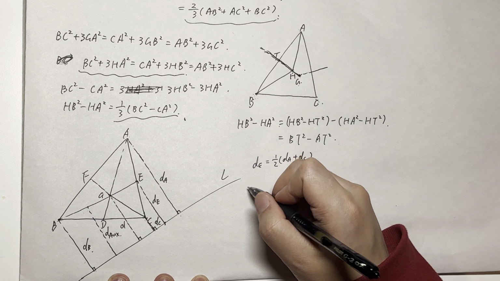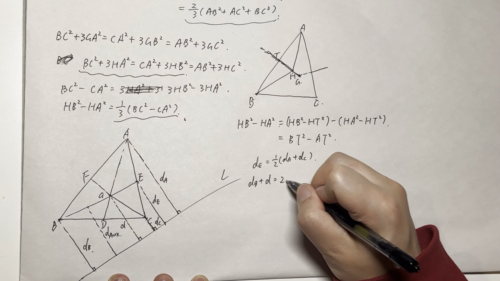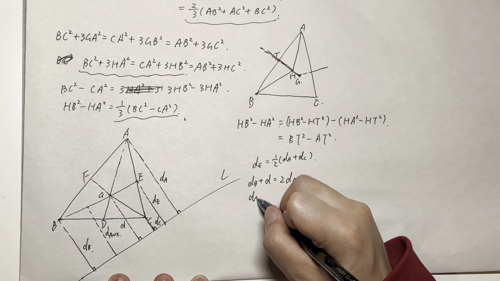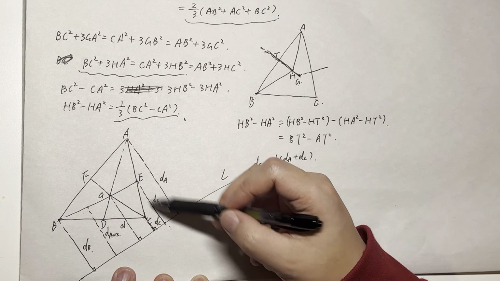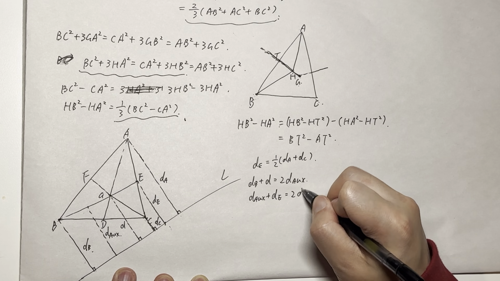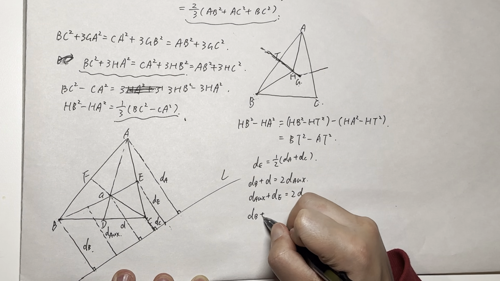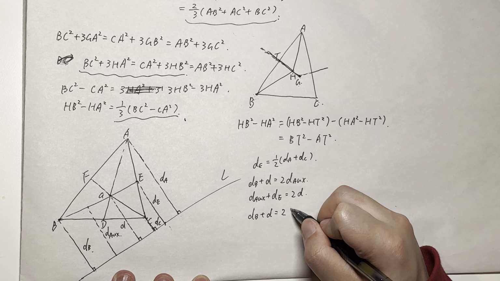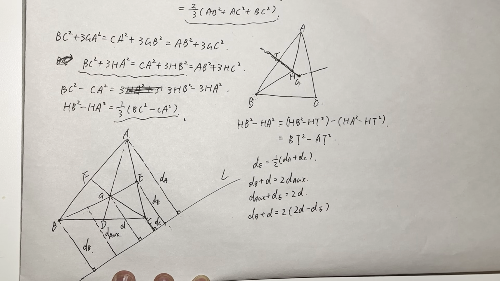Then we know that DB plus D equals twice DAUX. And DAUX plus DE equals twice D, which means DB plus D equals twice (2D minus DE), right?